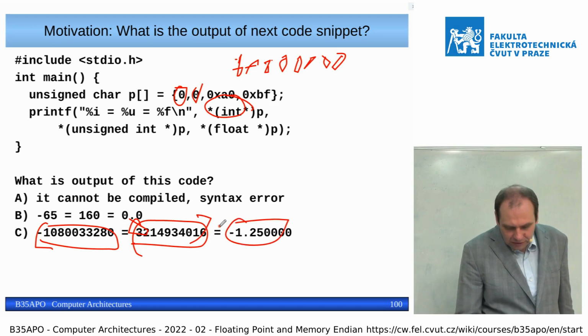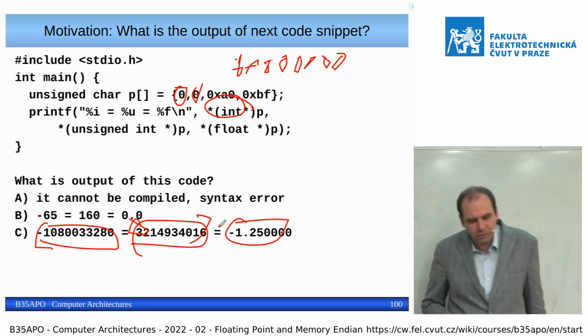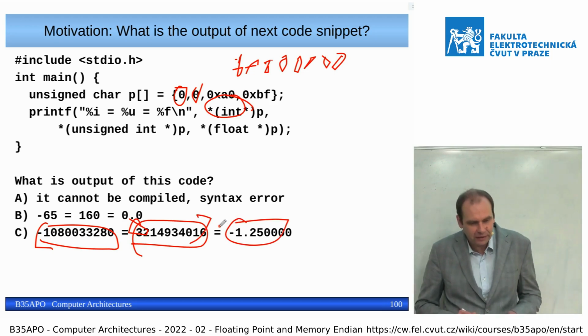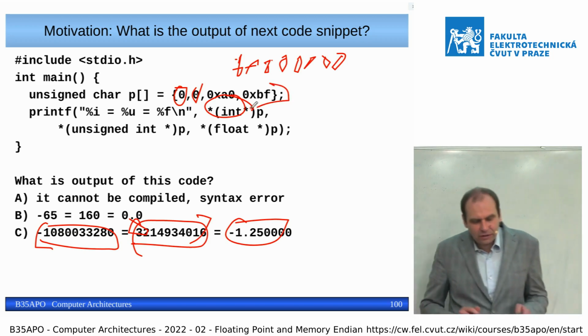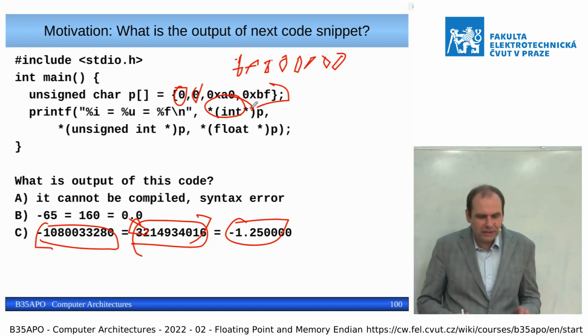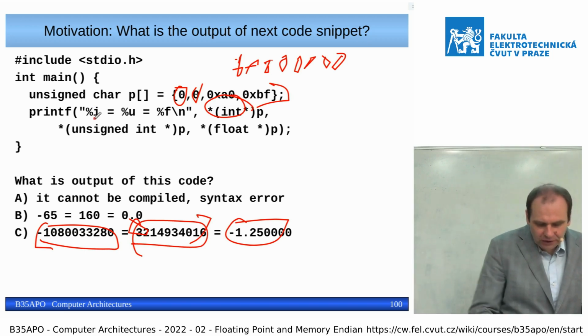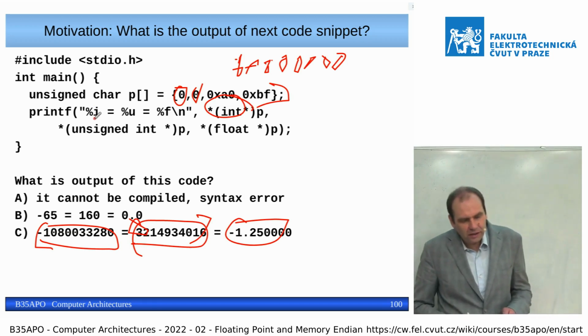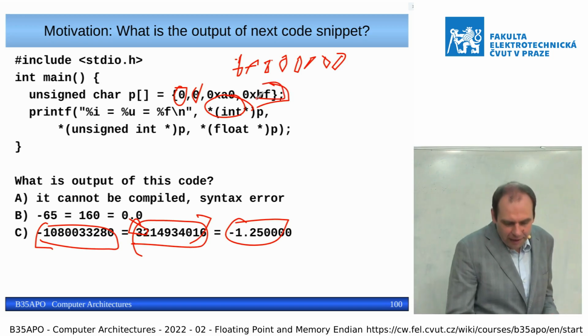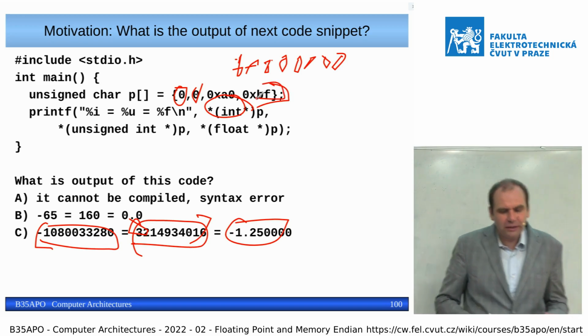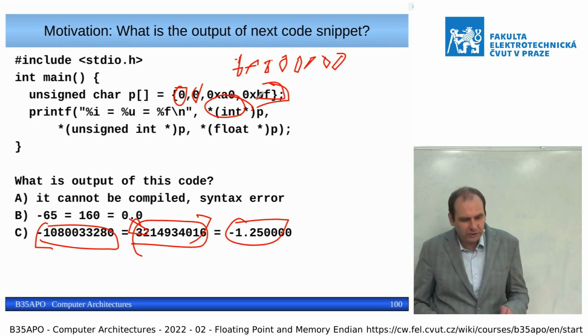If you try to interpret it as a floating point, you get again something different. The problem is that if you do this, there is no 100% guarantee what the actual interpretation on a given processor would be, because it depends on the actual implementation of that processor.